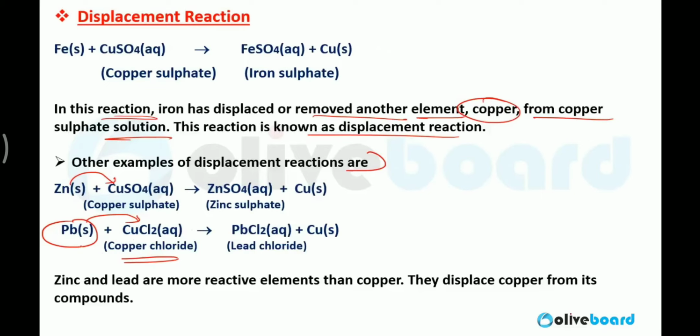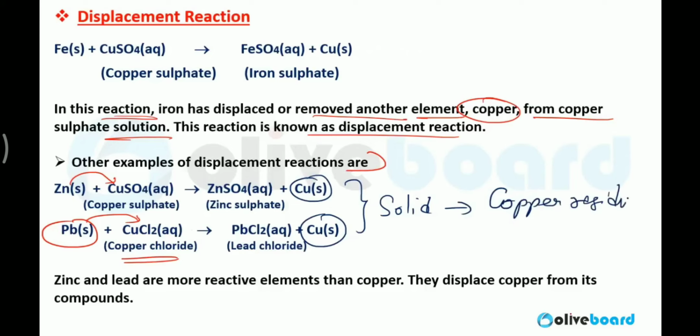Again, zinc and lead, that is Zn and Pb, both are more reactive than copper, so they can displace copper easily from their aqueous solution, and you will get different products like zinc sulfate ZnSO4 and lead chloride PbCl2, and in precipitate or solid form you will get copper residue.